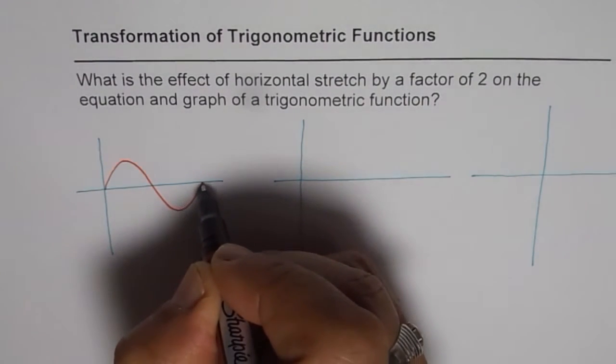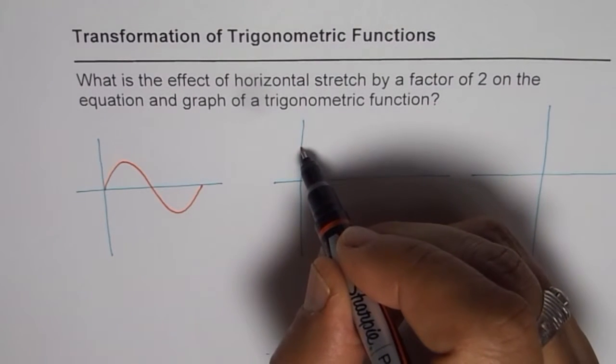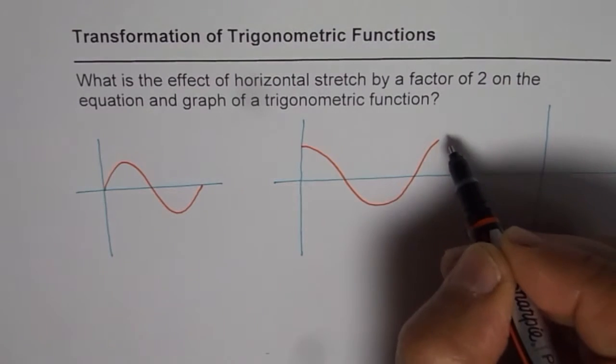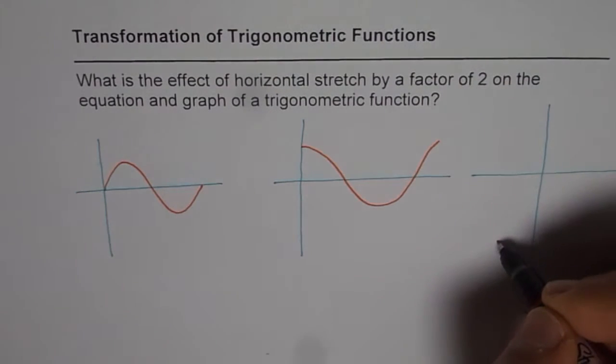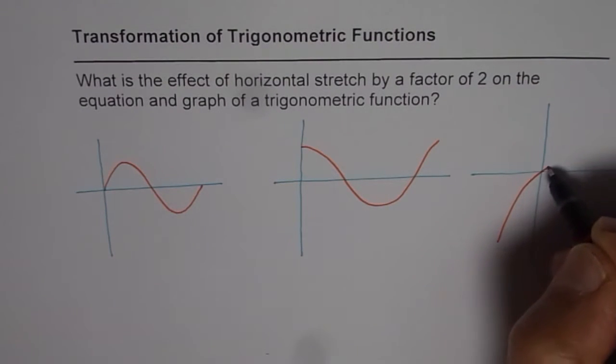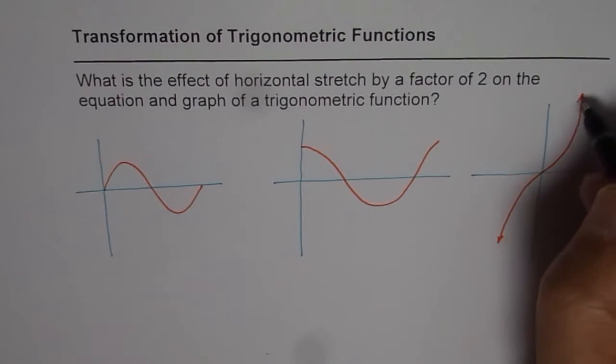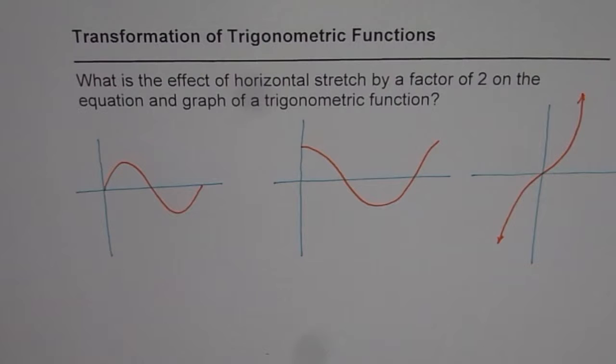The idea is to make you understand the concept. This is the cosine function for me, okay, and then we have a tan function which is kind of like this. Now I'd like you to pause the video, answer the question while I make all these sketches here, right?